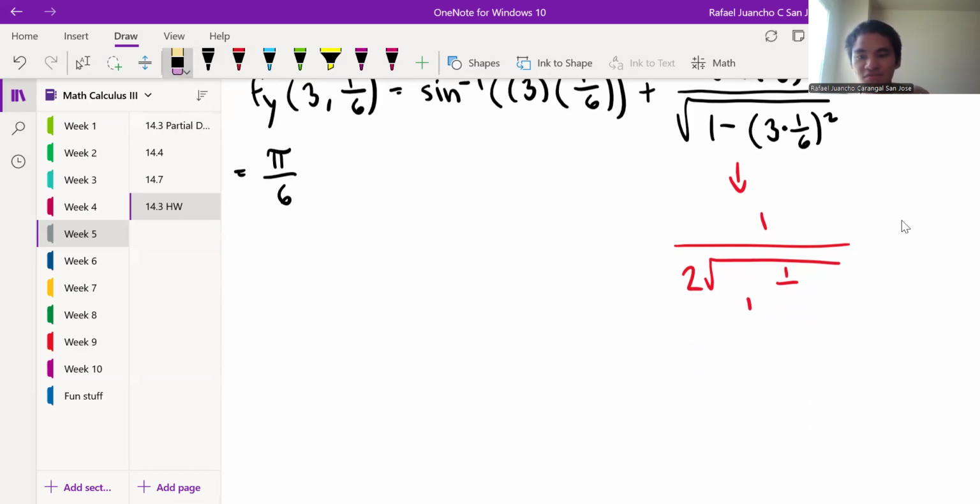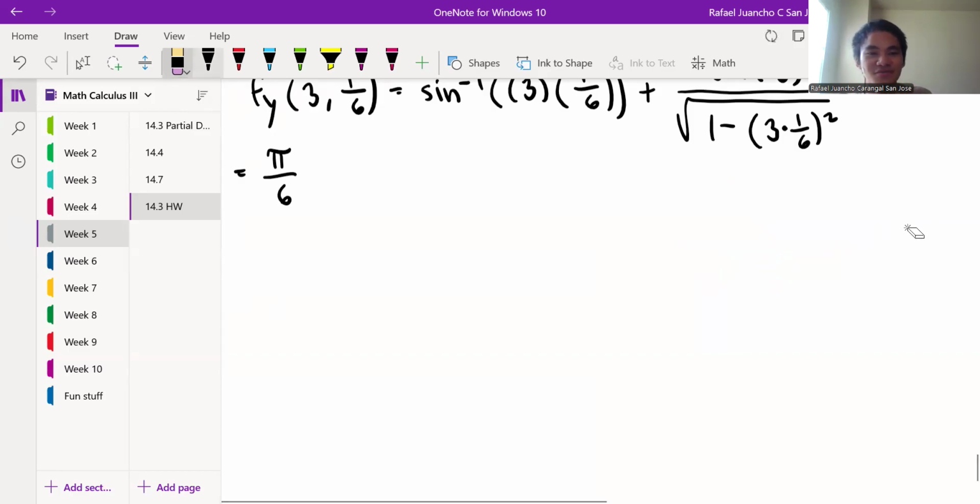This is 3 over 4. This is 2 times square root of 3 over square root of 4. Square root of 4 is 2. And so I'm left with 1 over square root of 3. So this whole thing is 1 over square root of 3.